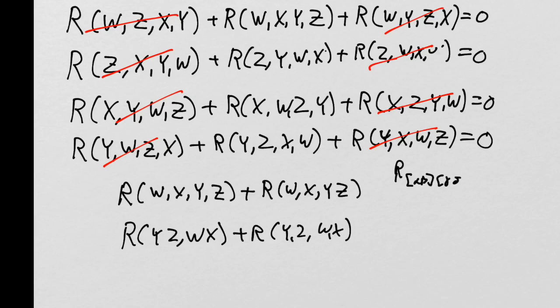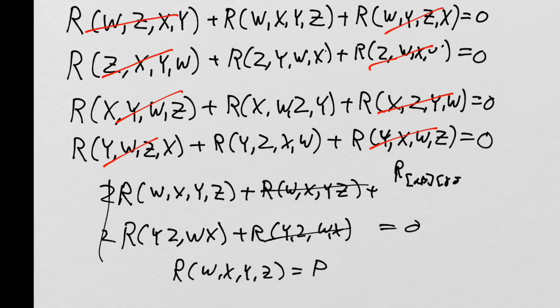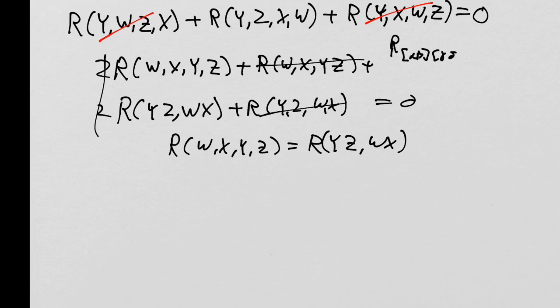And then you add up in this direction, and the sum equals 0. So adding all of these up equals 0. And so this ends up getting a factor of 2 and a factor of 2, which goes away. So you end up with R W X Y Z equals R Y Z W X, which is what we were trying to show.